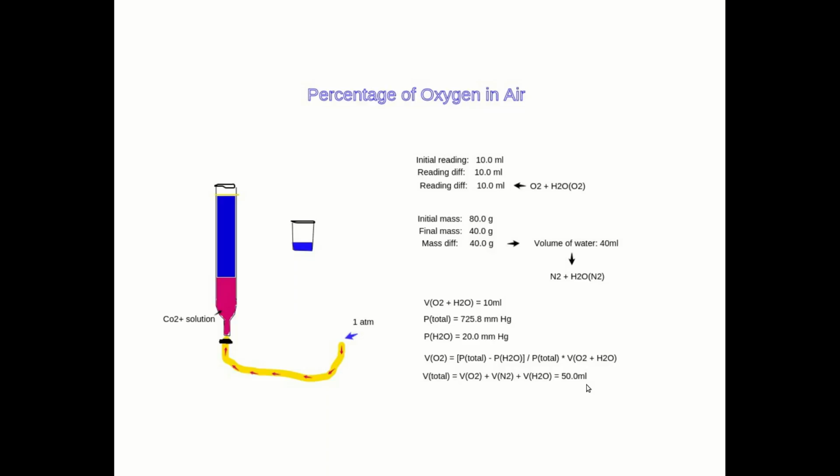And now you should be able to calculate the percentage of oxygen in air, because we have the volume of the dry oxygen and the volume of the air in total. So the ratio is the percentage of the dry oxygen in air.